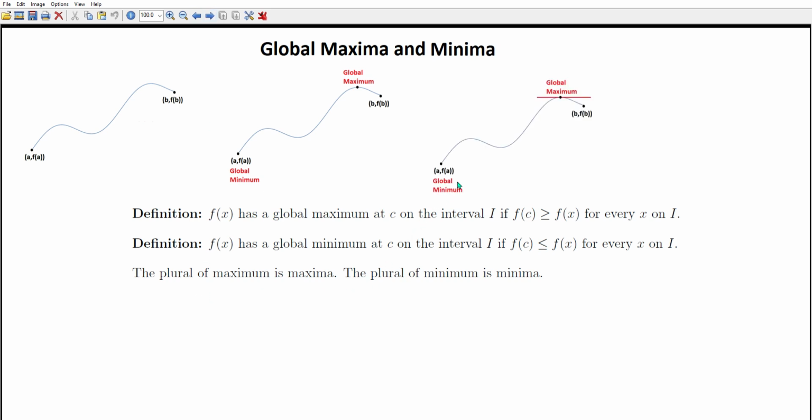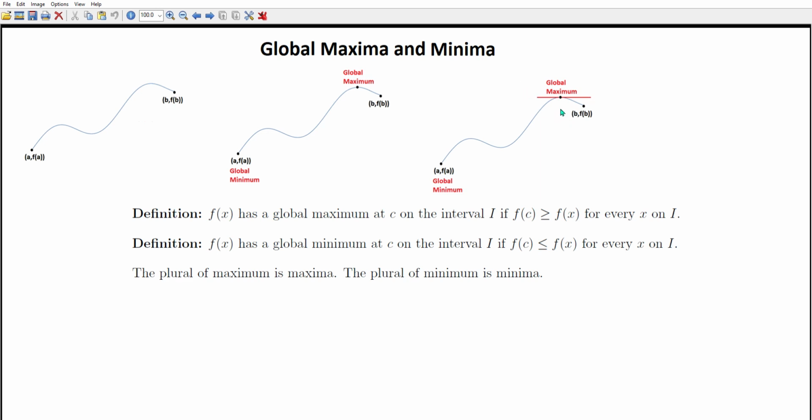Now, let's have a look at the locations of the global maxima and minima. The global minimum is at an endpoint. So one of the things we're going to have to worry about is an endpoint. The global maximum is at the top of a hill, and you can see here that this hill has a horizontal tangent.